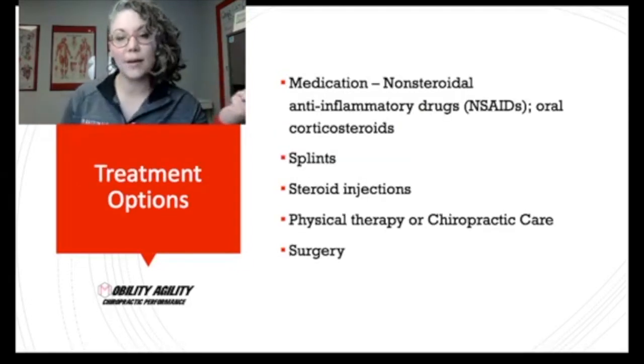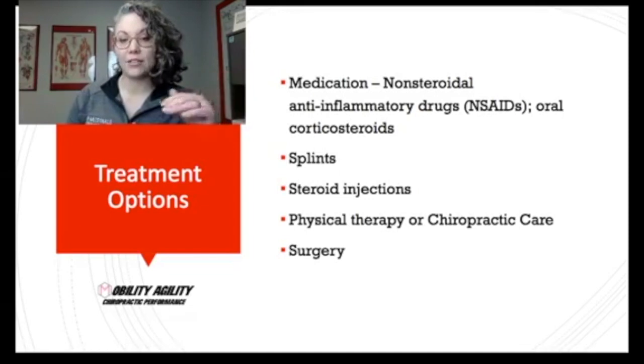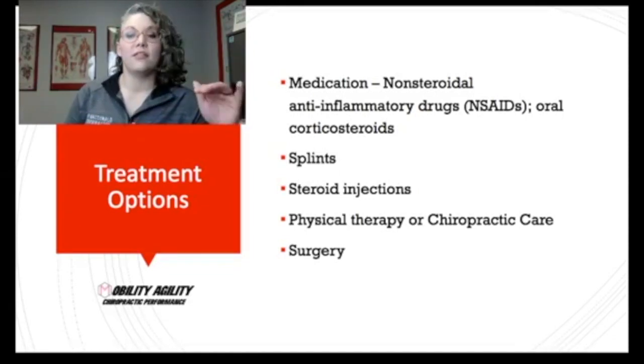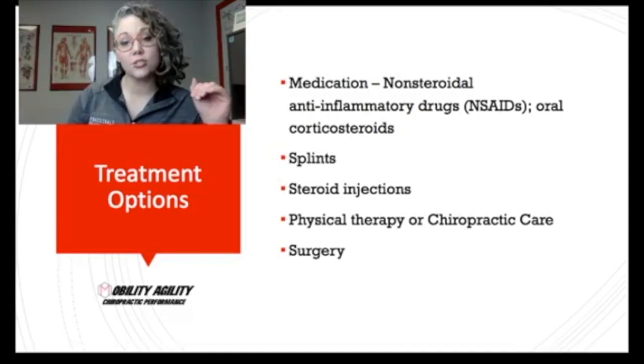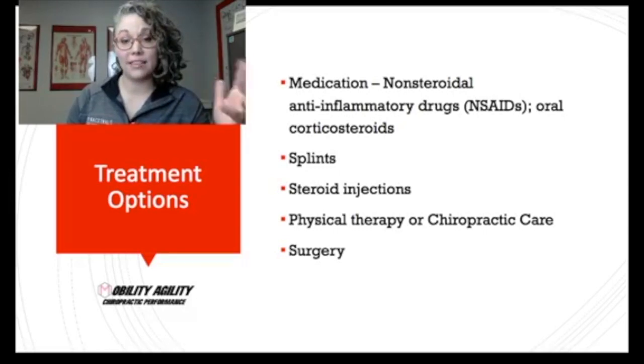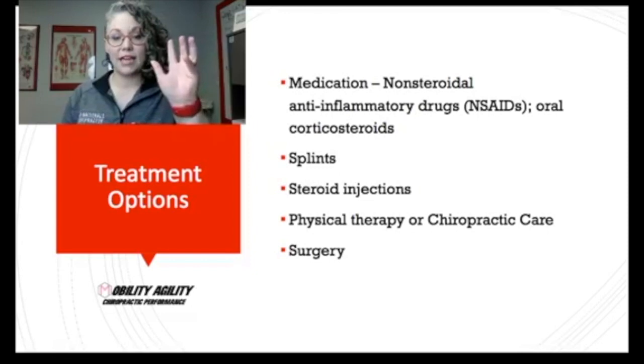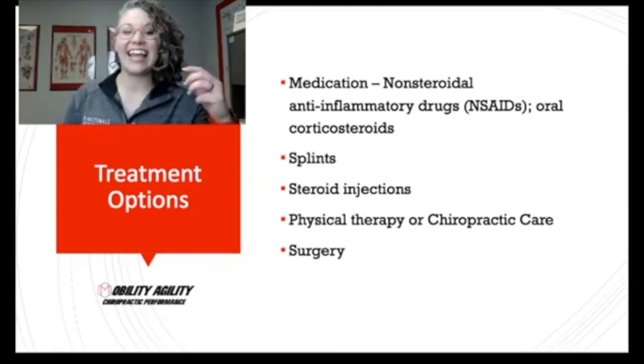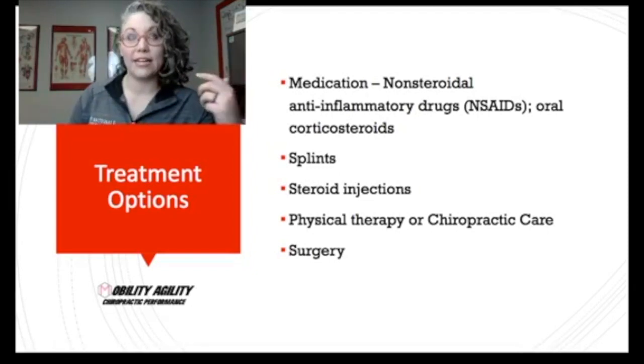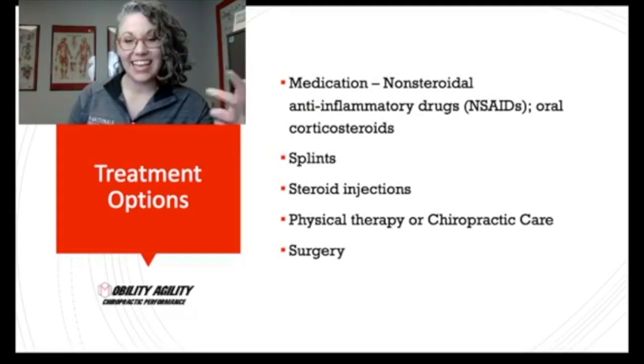Now let's talk about some treatment options. These are just general options. There are medications you can take. In the past, they've recommended splints, specifically a splint called a cock-up splint. It puts your wrist in a nerve-sparing position.